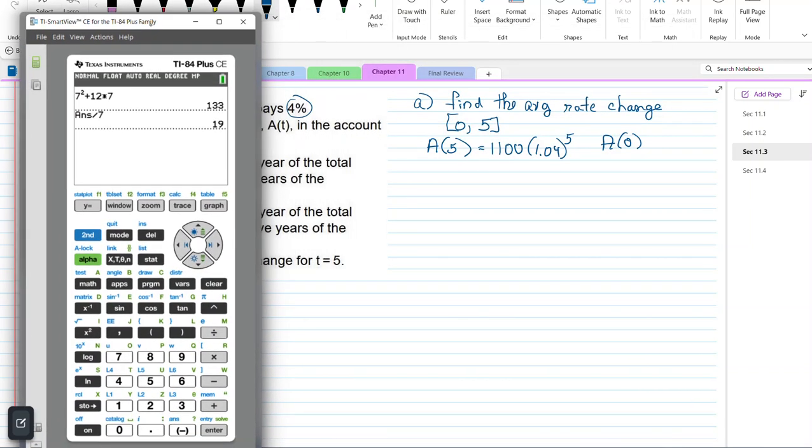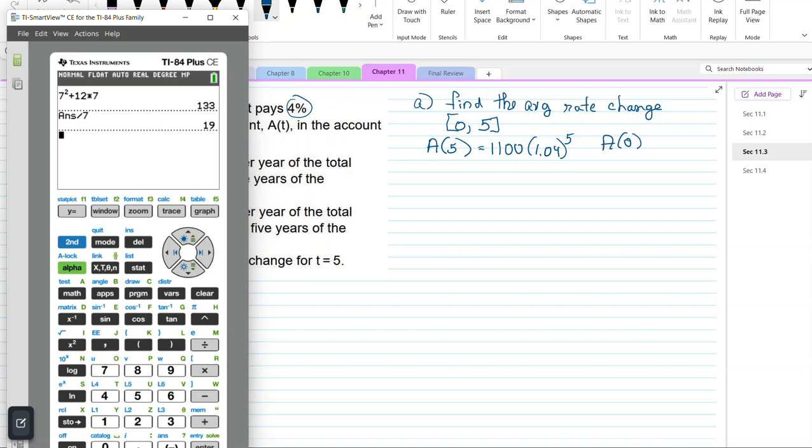There we go. All right. So we're going on our home screen, and we're going to enter the 1100 times 1.04 raised to the 5 years.